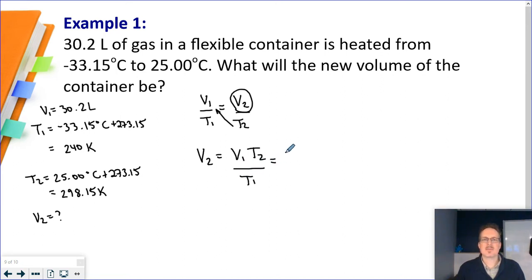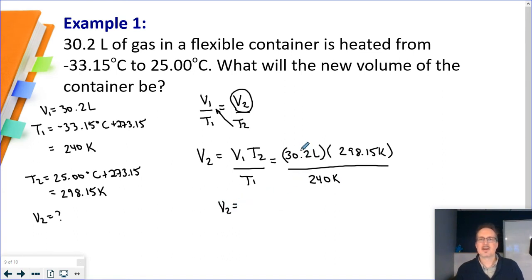And let's substitute in our numbers. 30.2 liters times 298.15 kelvins divided by 240 kelvins. So when we type this in the calculator, 30.2 times 298.15, enter, divided by 240, my answer in the calculator is going to be 37.51720.833. And of course, kelvins cancel, so my units are liters.